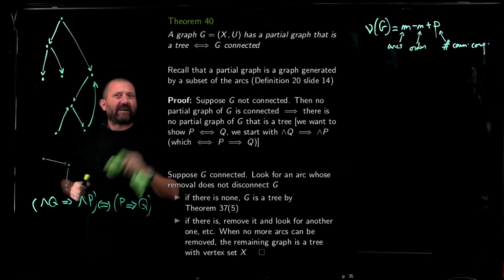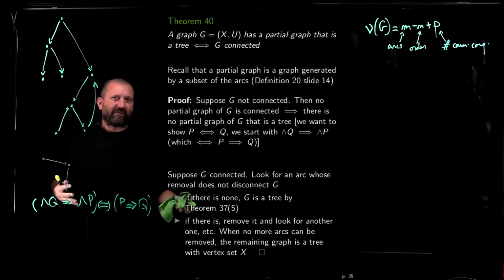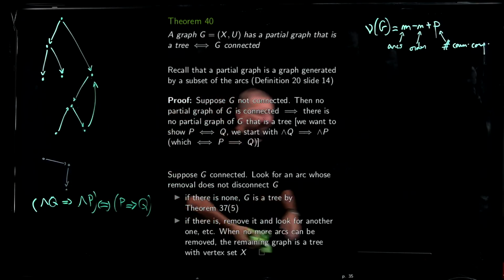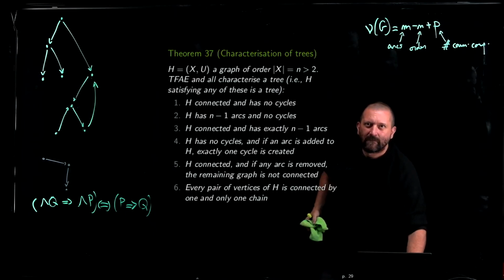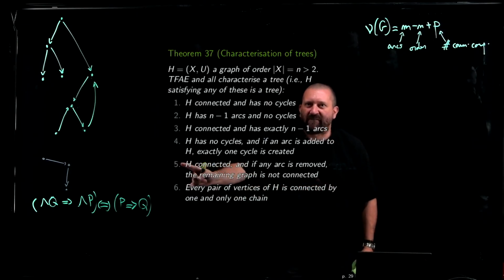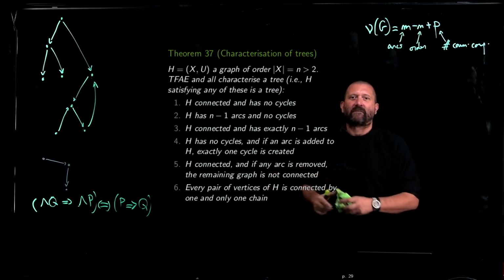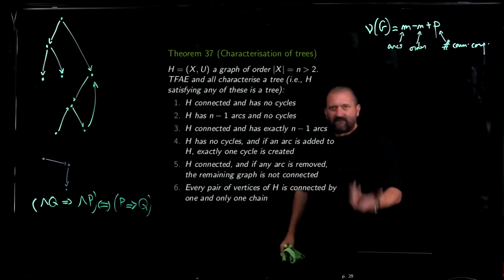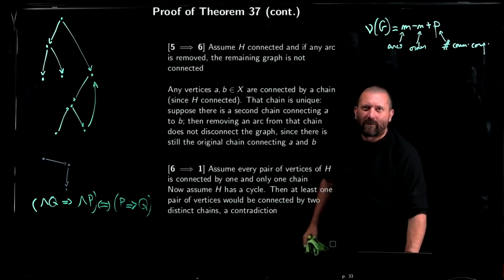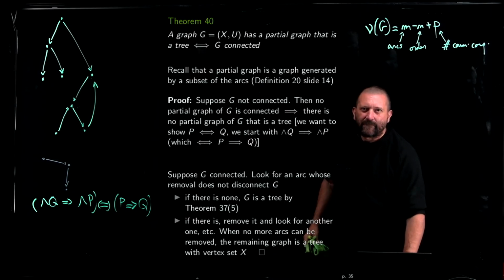If we can't find an arc which makes the graph disconnected, we're good. We have a tree, and we know it by the theorem we saw before. Number 5 says if H is connected and if any arc is removed the remaining graph is not connected, then that's a tree. Therefore, I have a tree.